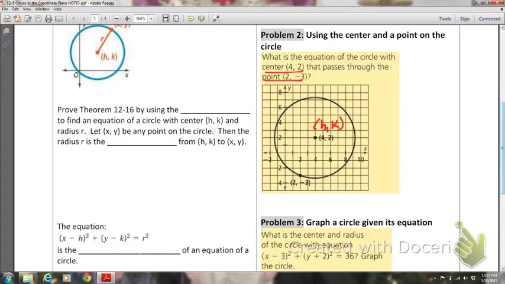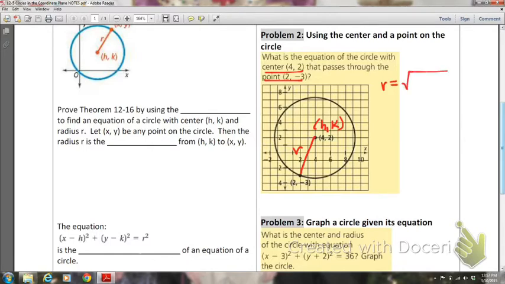Your radius is going to be the distance between that point on the circle and the center. So that length, that distance, is r. So you're going to use the distance formula to calculate that length.